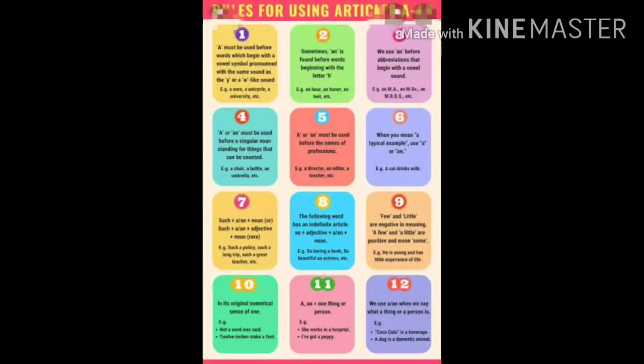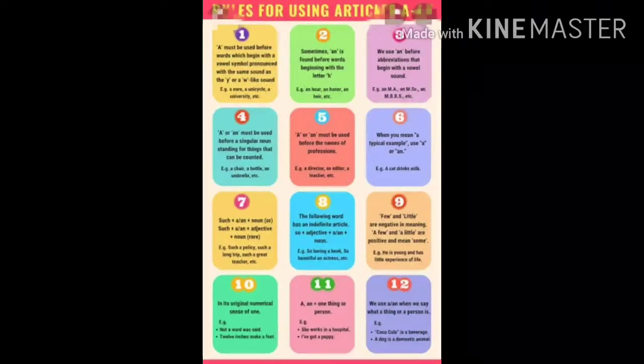Fourth point which we have to keep in mind, a or an must be used before a singular noun standing for things that can be counted. Example, a chair, a bottle, an umbrella, etc. Fifth point, a or an must be used before the names of professions.